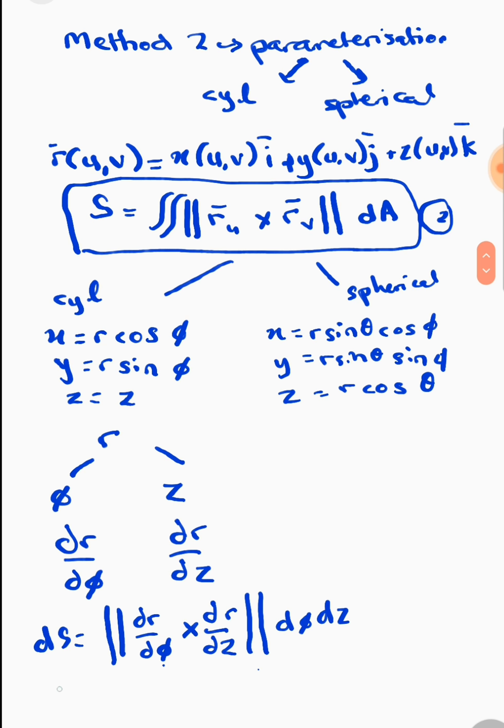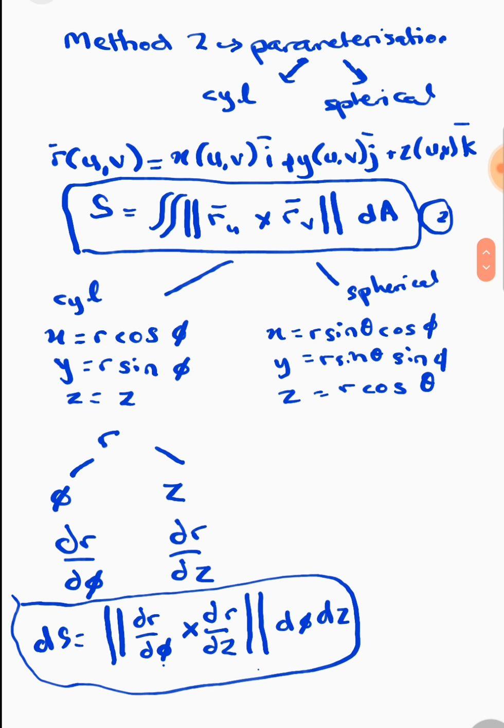So you can use this formula, and of course if you want to get S, the surface integral, you just take a double integral of it. So this is a general formula that you can use for the cylindrical shape. And again, the same thing also applies when you go for the spherical shape.